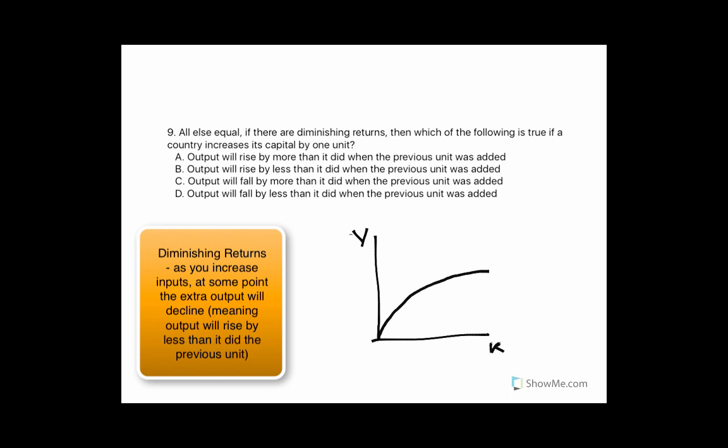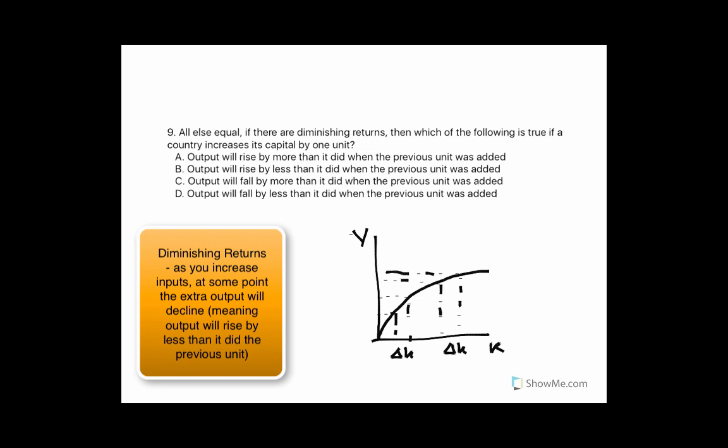So you're always going to get more output for more capital, but you're going to get more output at a decreasing rate. So right here, when I increase capital by a little bit, my output went up by a lot. Whereas here, when I increase capital by the same amount, if I call this the change in capital, that's the same. Because of this diminishing returns property, I get less output, so a smaller change in output, right?